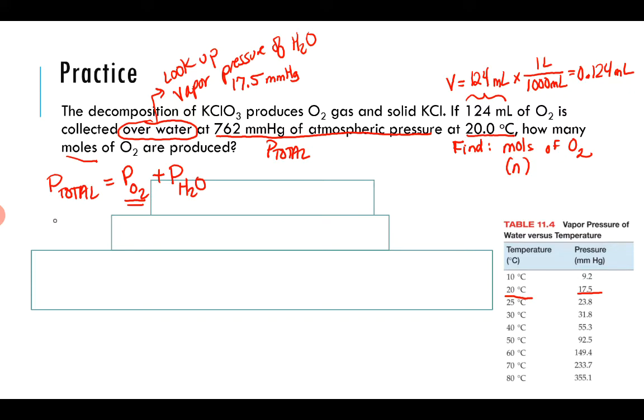So I am told that my total pressure is 762 millimeters of mercury, and that's equal to the partial pressure of oxygen plus my 17.5 millimeters of mercury. So in order to isolate the partial pressure of oxygen, I have to subtract 17.5 from both sides.